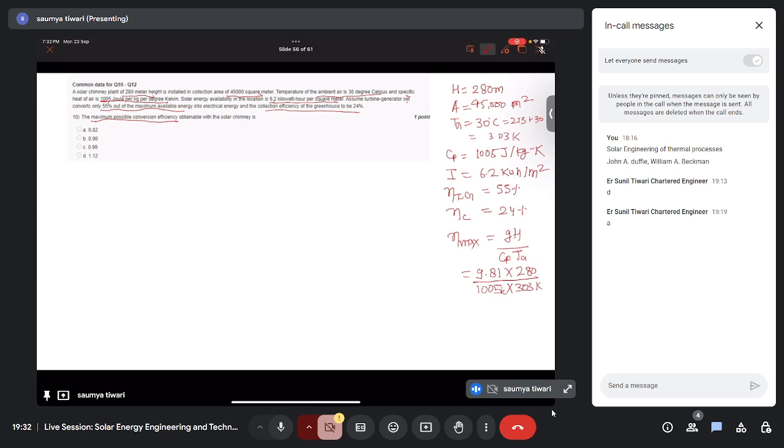So it's Kelvin and Kelvin. If you solve this, your maximum efficiency will come to be 0.00902. In percentage, it will be 0.902%. Okay. So your correct answer will be 0.90, which is option B.